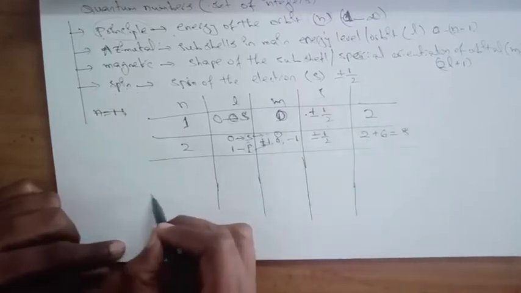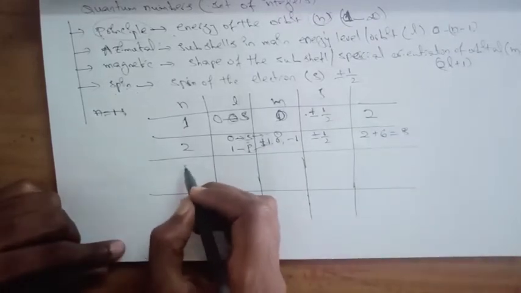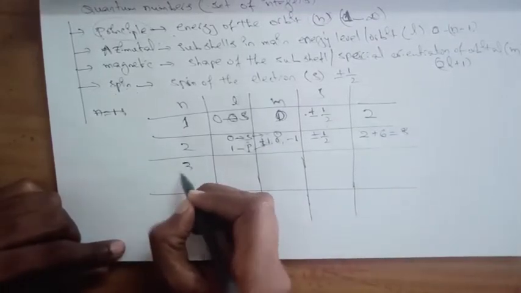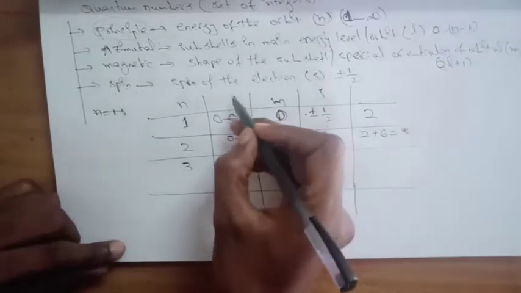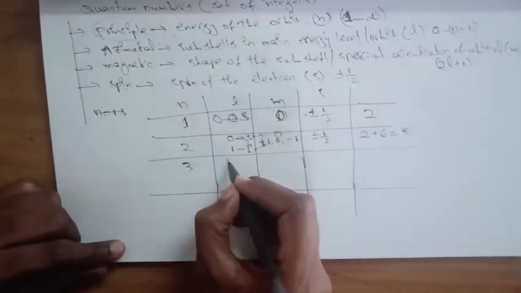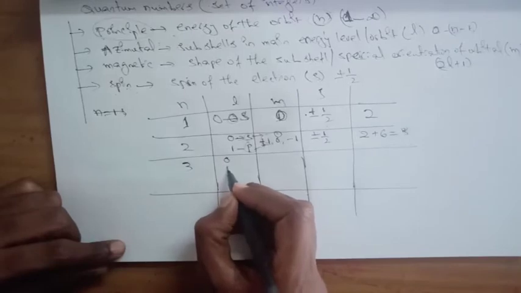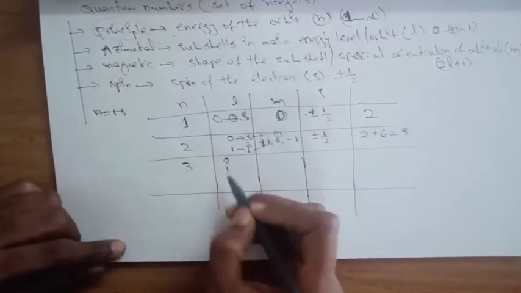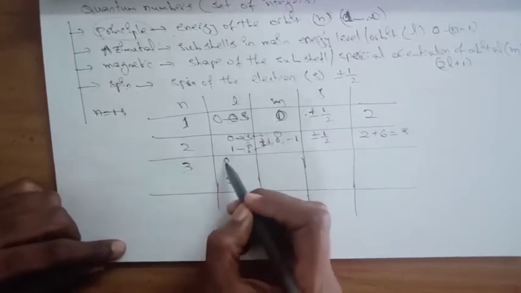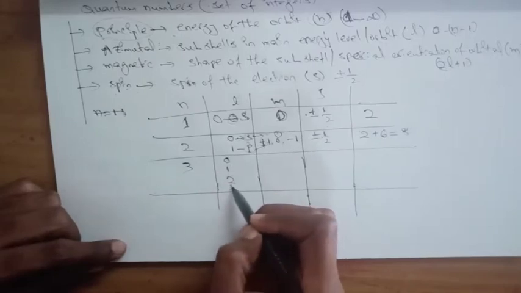If the principal quantum number becomes 3, then the azimuthal quantum number becomes 0, 1, 2. Why? Because it depends upon the n value, n minus 1, so 0 to 2.